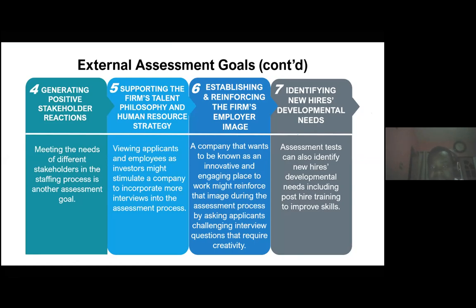So, we are going to continue with a few more external assessment goals, in no particular order. Establishing and reinforcing the firm's employer image. It is important that the goals, objectives, and attributes that make the company unique be communicated at all times by stakeholders.